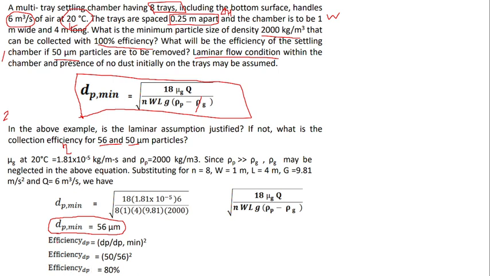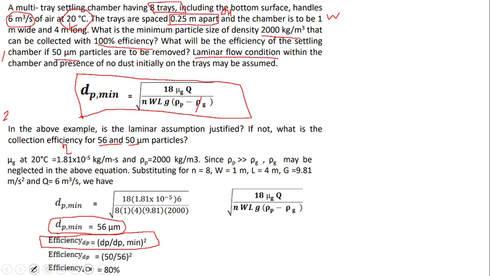To calculate this, we should take this formula, which is efficiency is equal to dp, the diameter of the particle, divided by the minimum diameter of the particle, whole square. The diameter of the particle mentioned in our question is 50 micron.